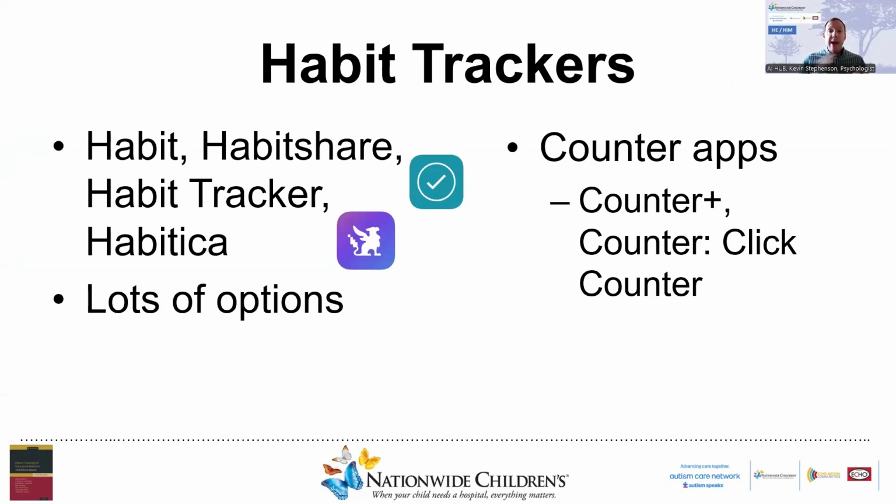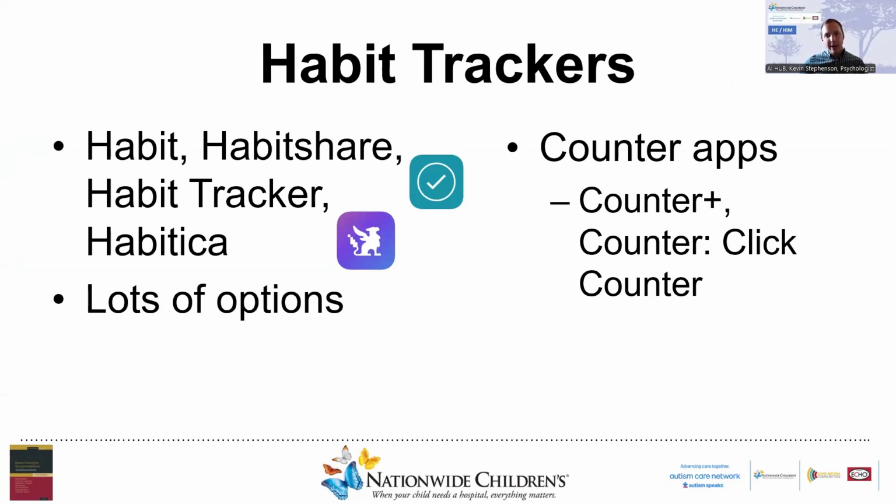Another general family of apps to look into are habit trackers. There's so many out there. Habitica is a game-based one where you earn points for doing things. Here's some other ones. There are unlimited options for habit trackers, and so most of these are, I think, usually geared towards adults.